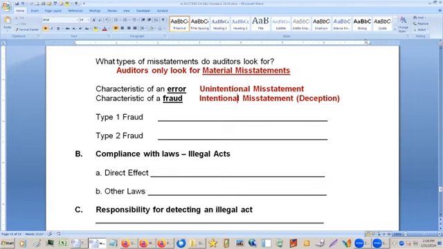And by the way, when it comes to prosecuting people for fraud, the biggest sticking point is whether it was unintentional or intentional, and sometimes it's hard to prove. How do you prove that it was intentional? One of the things they look for is, did somebody try to cover it up?